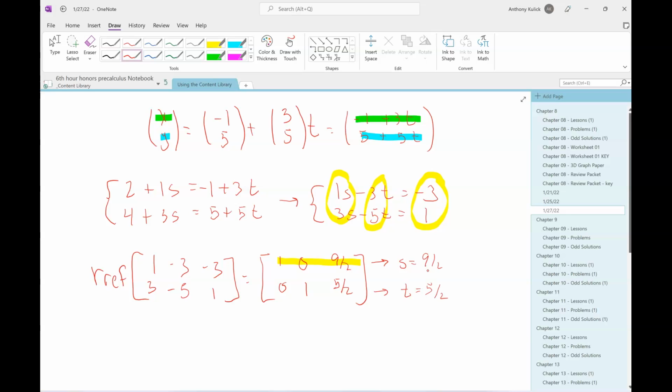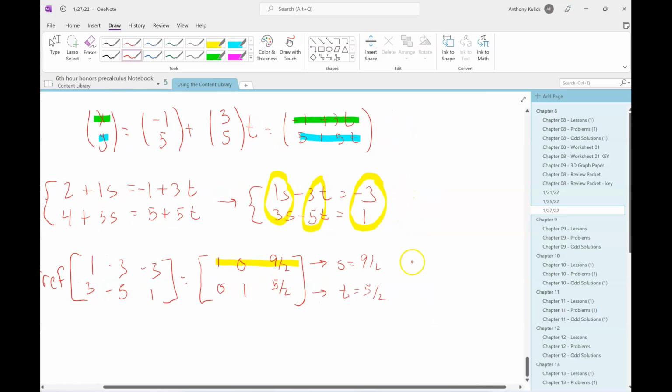Okay? Now, super important, the point of intersection is not 9/2, 5/2. What the S and T tell us is the value for S and T that give us the point of intersection. So I'm just going to pick one of them.